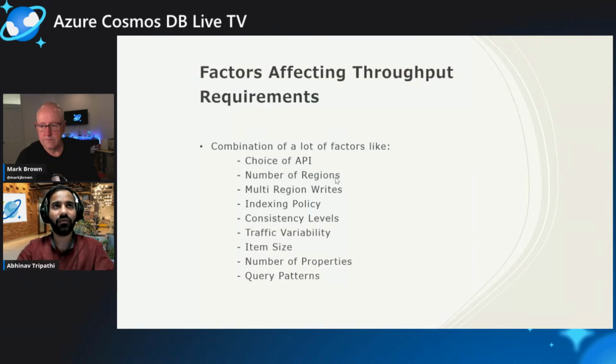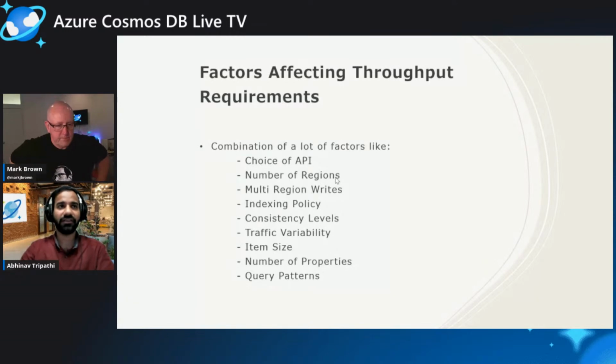Apart from that, if we look at what operations we perform in our databases, I talked about the 1 KB point read. There's a concept of partition key in Cosmos DB. When we utilize the partition key with our reads, it is a point read. We exactly know which partition we have to look for.